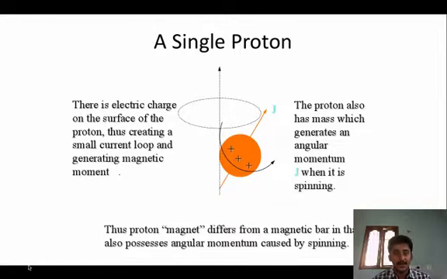When we align the fingers in the direction of the current, we get the direction of the magnetic moment. The proton also has mass. Hence, when it is carrying a precession with a particular frequency, and as it has mass, it even has an angular momentum, J.